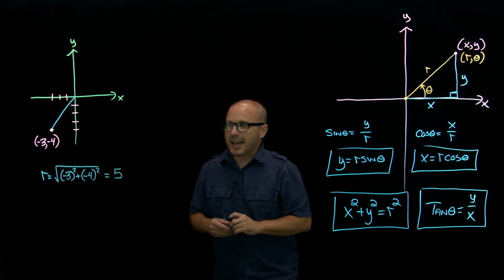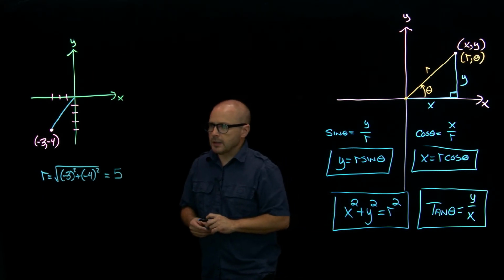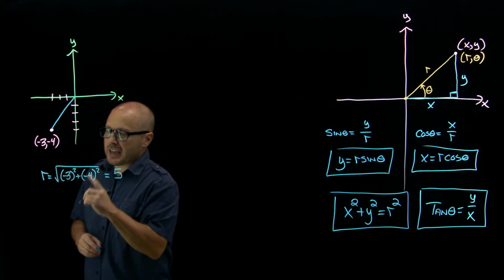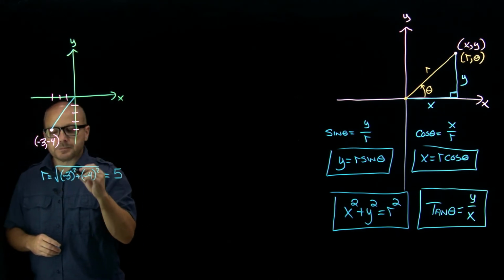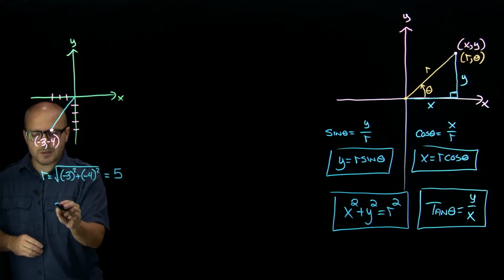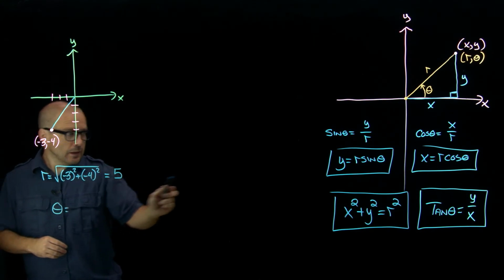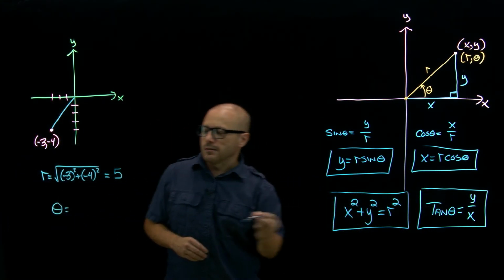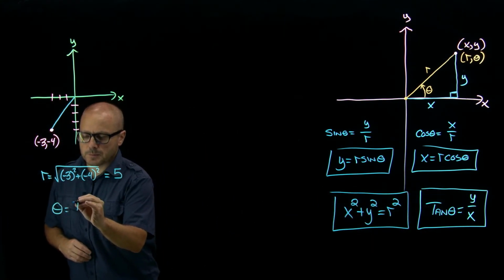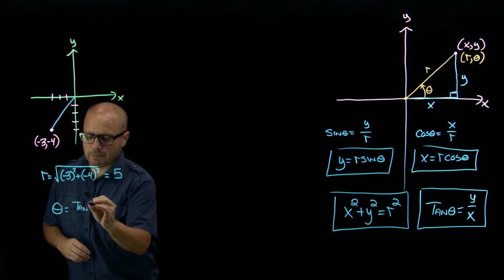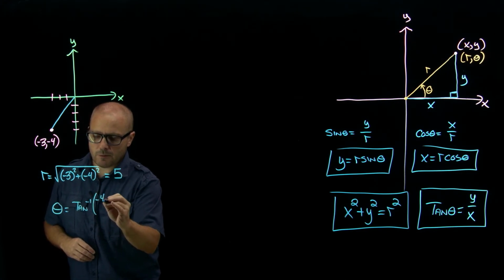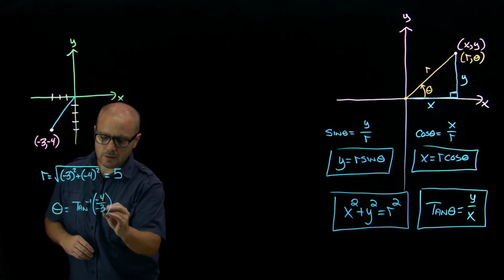Now what about the angle? Now when we go to find theta, if you just take theta to be tan inverse of y over x, so tan inverse of -4 over -3.